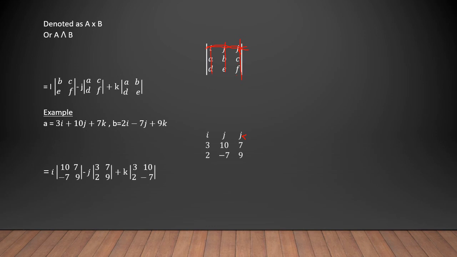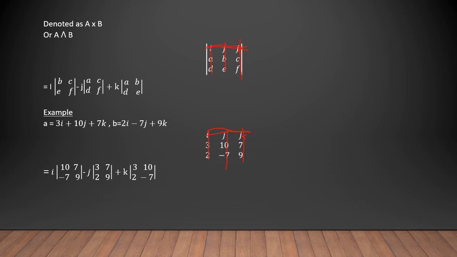If we cross the i component, we're left with 10, 7, negative 7 and 9. If we cross the j component, we're left with 3, 7, 2 and 9. Same if we cross the k component, don't forget to cross here too, and we're left with 3, 10, 2 and negative 7.